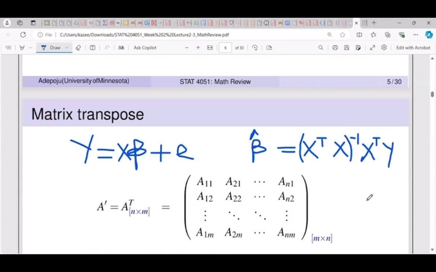I need you to take a look at the beta hat. The beta hat is an estimated regression coefficient.